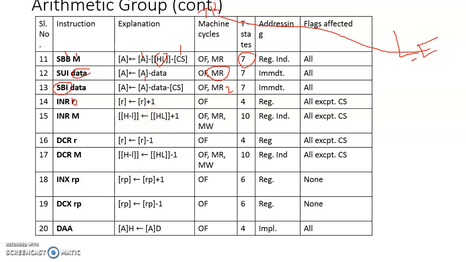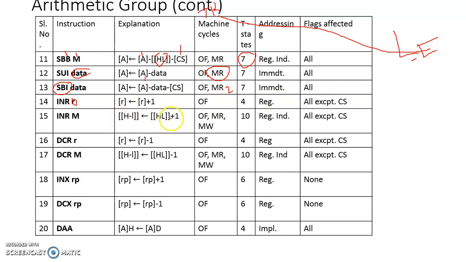That will be placed in the temporary register or in the accumulator. Then the content will be incremented by 1. Now again, this needed to be placed back to the memory location pointed by the HL pair. So this requires a total of opcode fetch for fetching the operation code of INR M, memory read to bring the content of the memory location, the number that is now present outside the processor, to the interior of the processor.